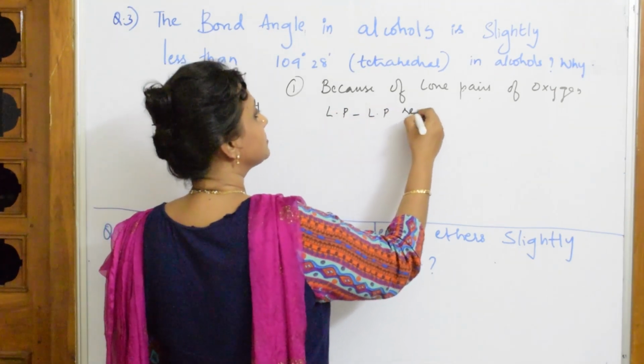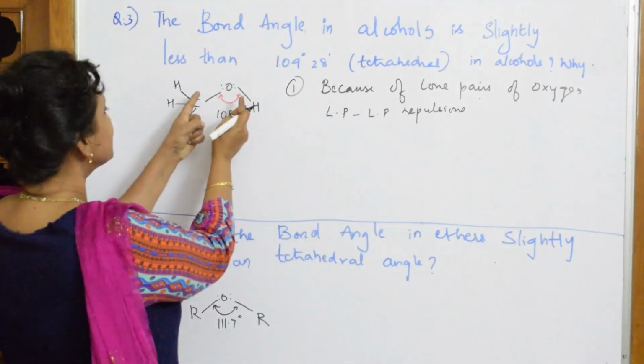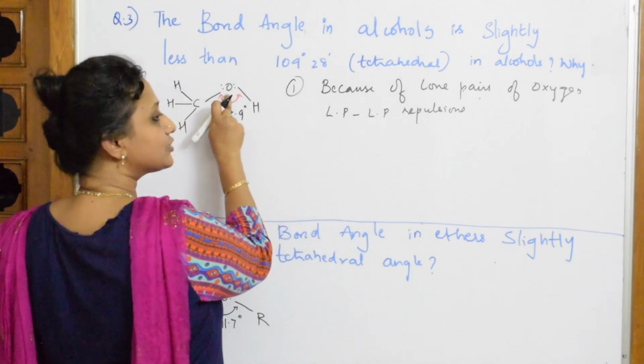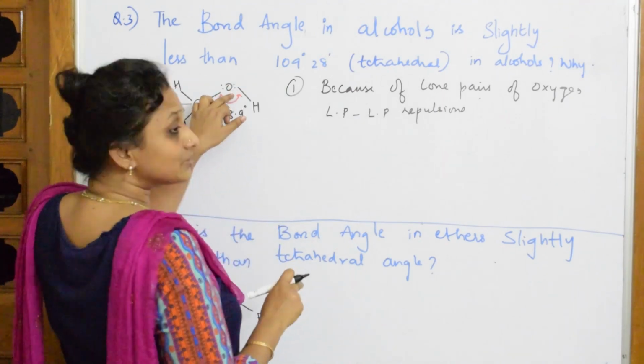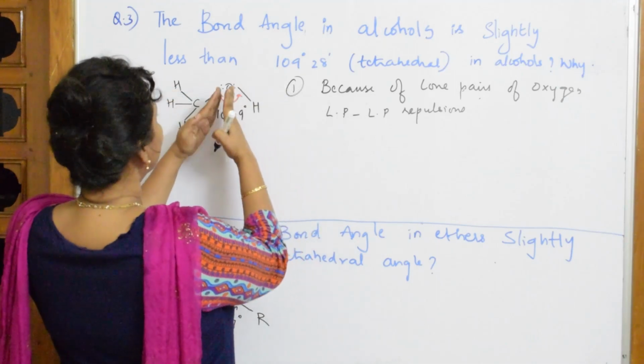LP repulsions. So what happens to LP repulsions? It will try to drag the bond towards this. This is first of all electronegative in nature, and because of the repulsions, instead of the bond expanding out, it will try to pull the bond closer.